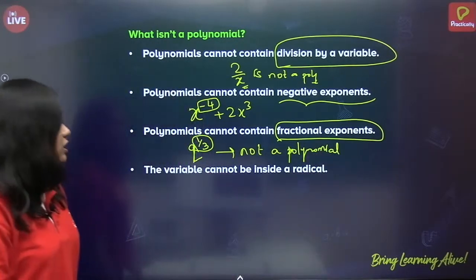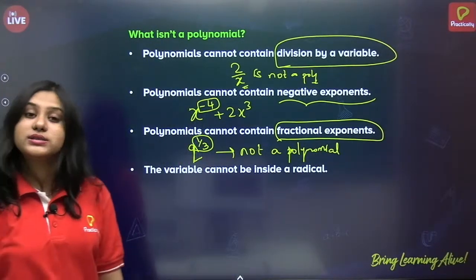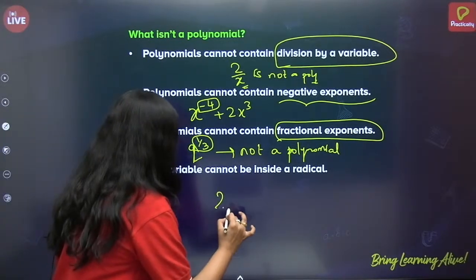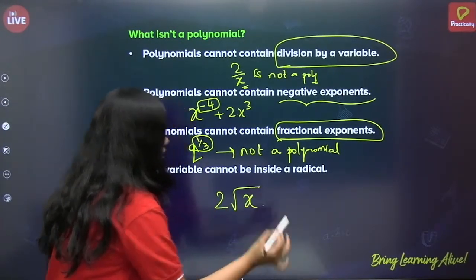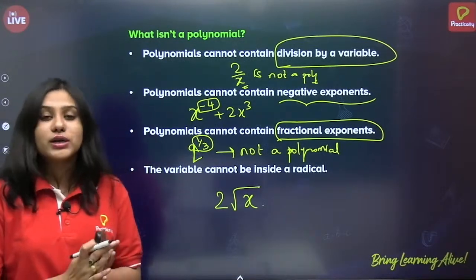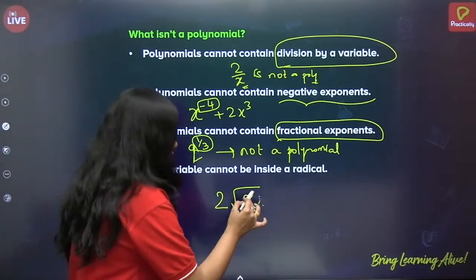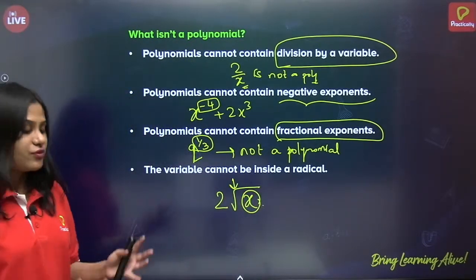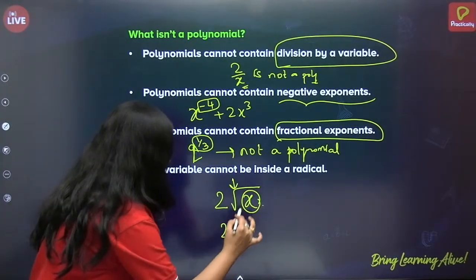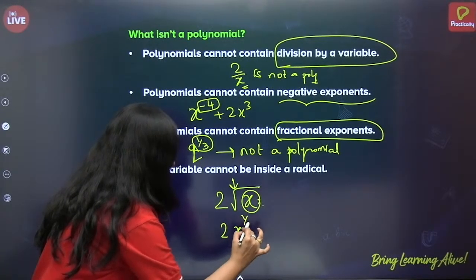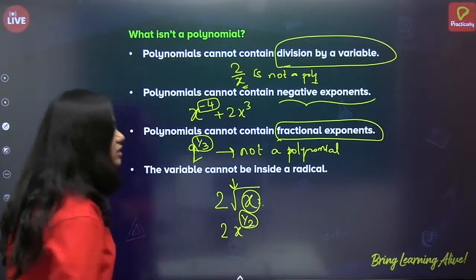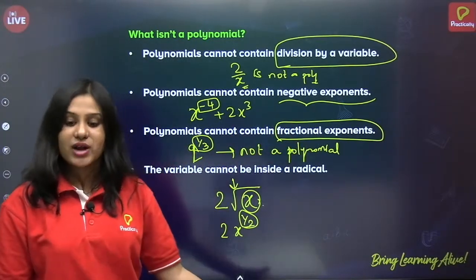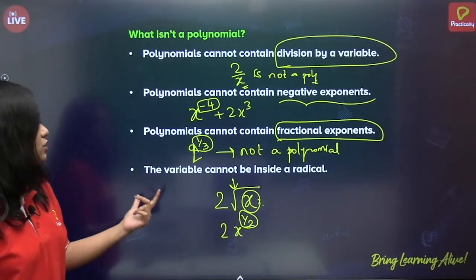And last, the variable cannot be inside a radical. What is the radical? The root. If I write 2 root x, it is also not a polynomial. Why? Because the variable is inside the radical. And if you simplify, I can write this as x power 1 by 2, where again the exponent is a fraction, and we know that polynomials cannot contain fractional exponents, correct?